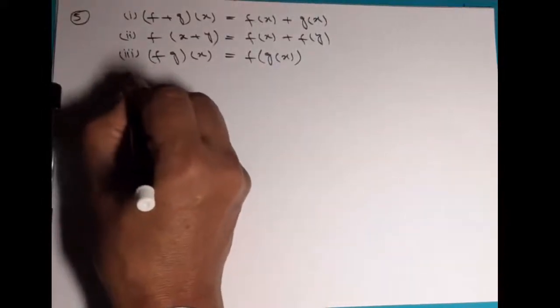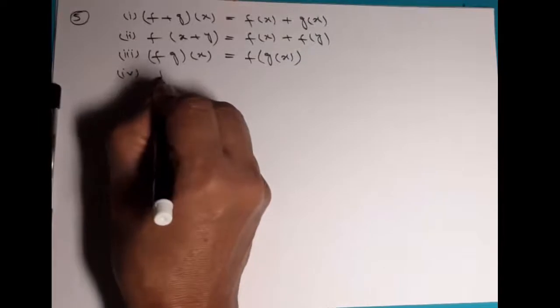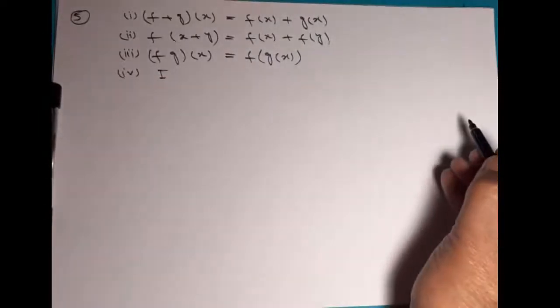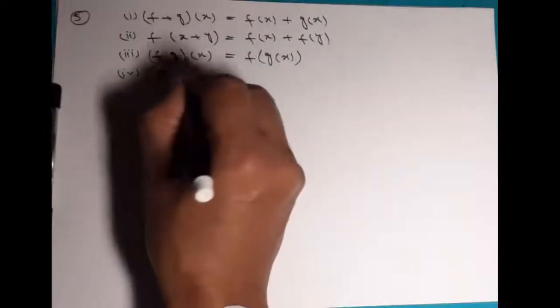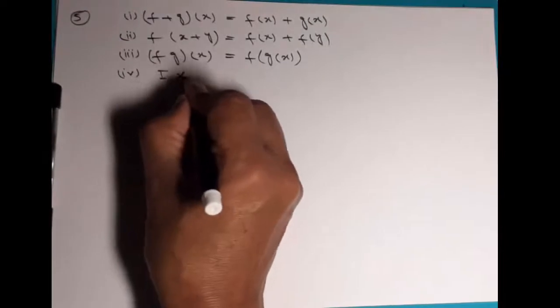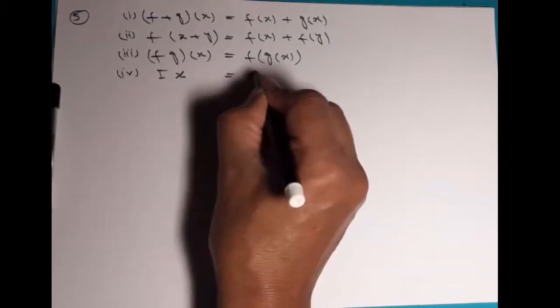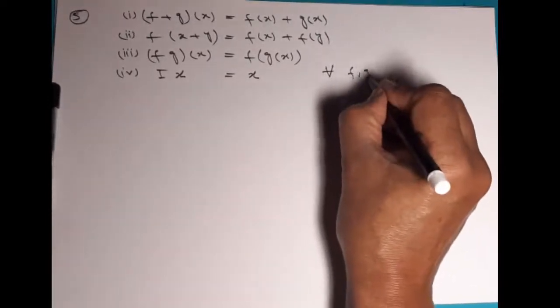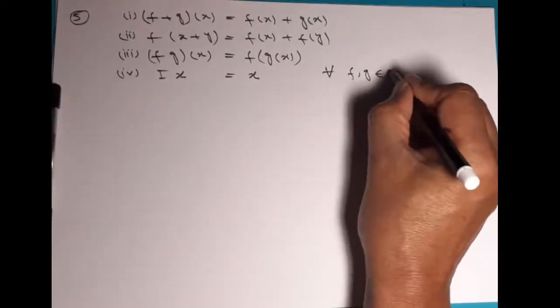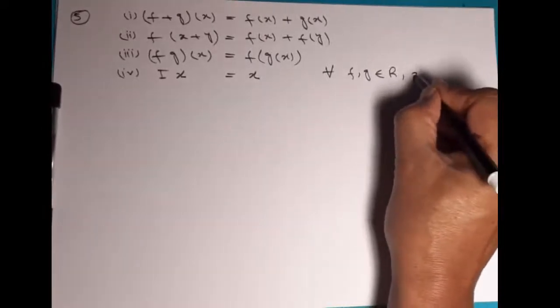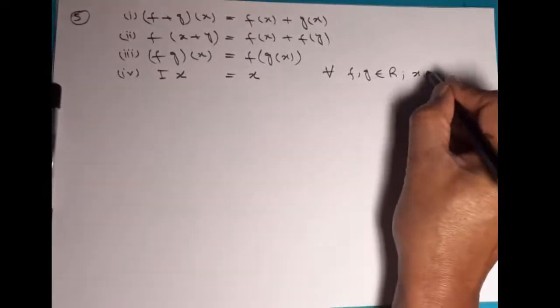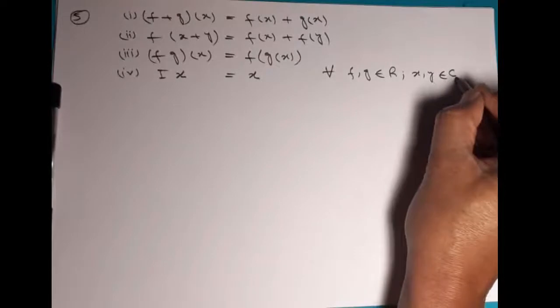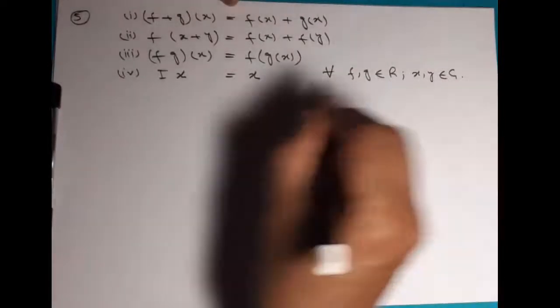And number 4, if we take the identity endomorphism and apply it on x, the result will be equal to x. And this is for all f, g belonging to R and x, y belonging to G. So all the conditions are satisfied.